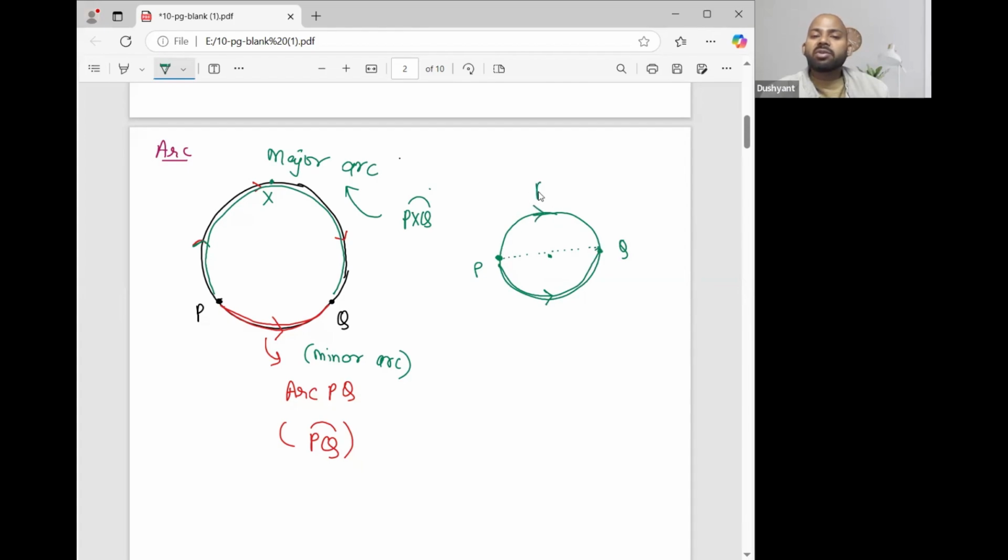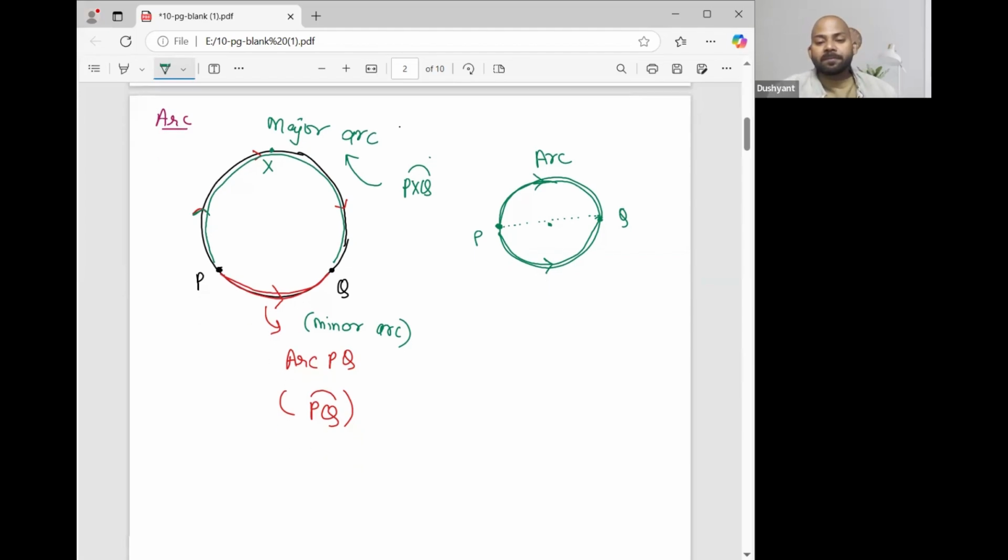So it's an arc, or you can say semicircle. If you want to name it, you can write major or minor because both are the same here. Nothing is smaller or greater.